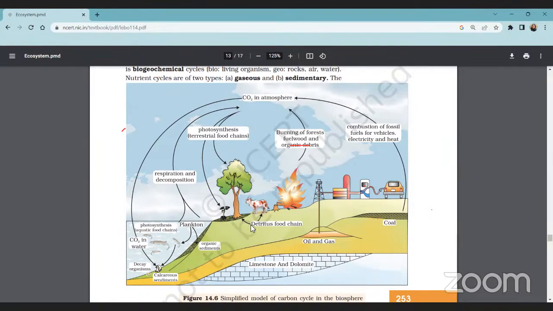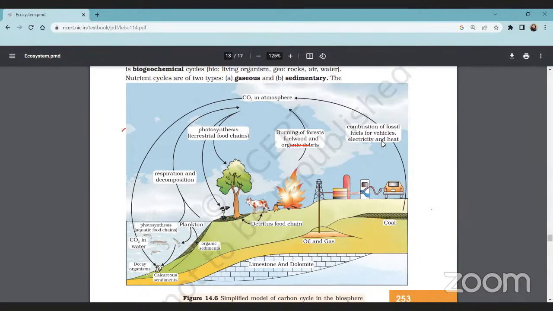And here is the detritus food chain. In the detritus food chain, things like cow dung are present in the soil and are utilized by plants. By burning forests and fuel wood, CO2 is released into the atmosphere.